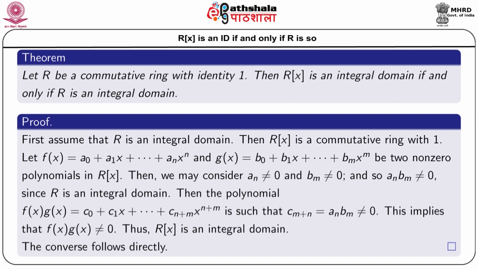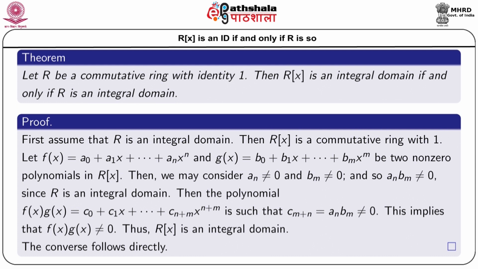Consider two elements f(x) and g(x) from R[x], and these two are non-zero polynomials. Since these two polynomials are non-zero, we may assume without loss of generality that both a_n and b_m are non-zero.